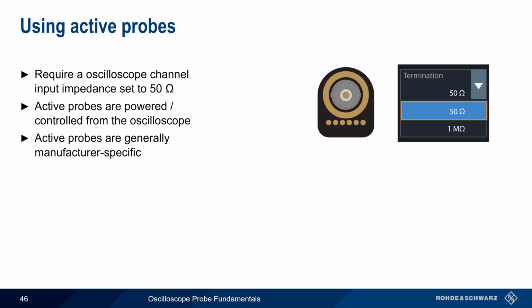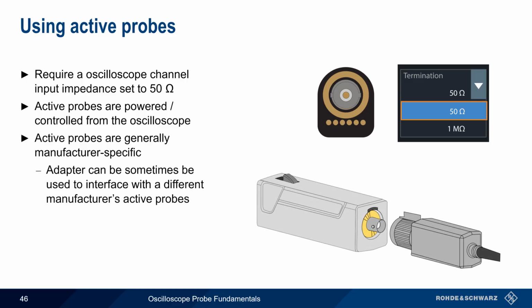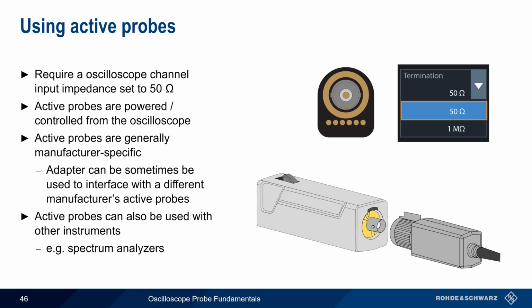That said, in some cases a special adapter can be used to interface with a different manufacturer's active probes. It's also worth noting that active probes can also sometimes be used with instruments other than oscilloscopes. For example, some spectrum analyzers may support the attachment and use of active probes for making frequency domain measurements.